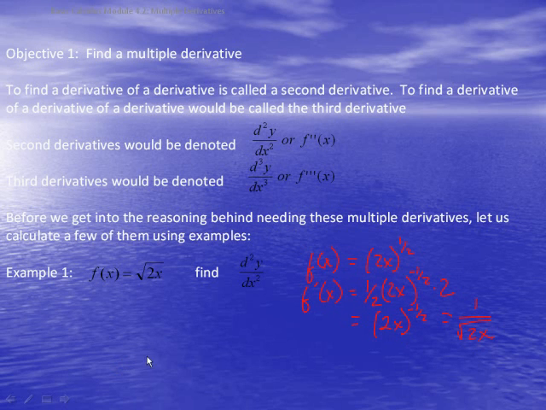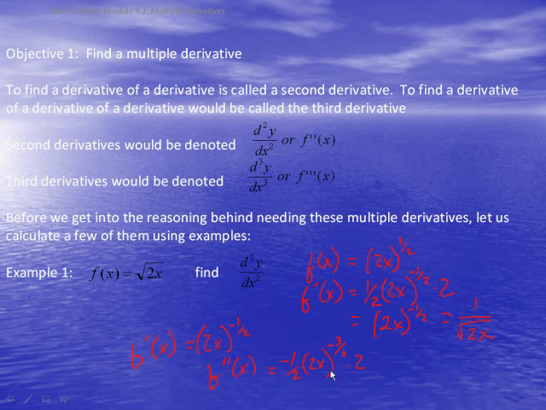Now to find the double derivative, let's find the derivative of that. So f prime of x is equal to 2x to the negative 1/2. So f double prime of x, or the second derivative, would be equal to negative 1/2 times the 2x intact, using the chain rule, minus 3 over 2 if we subtract another 1 from the negative 1/2, times the derivative of the inside, which would be times 2.